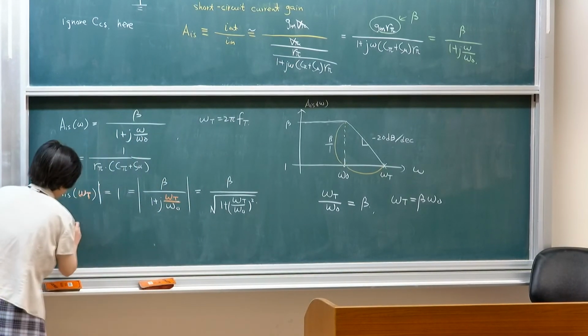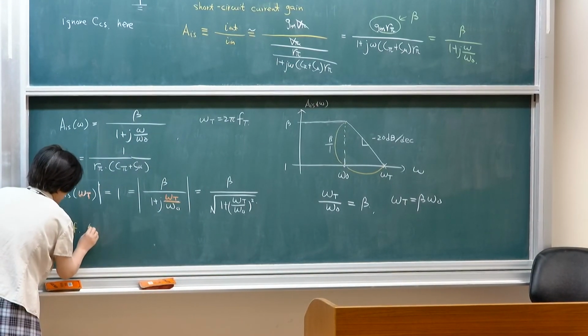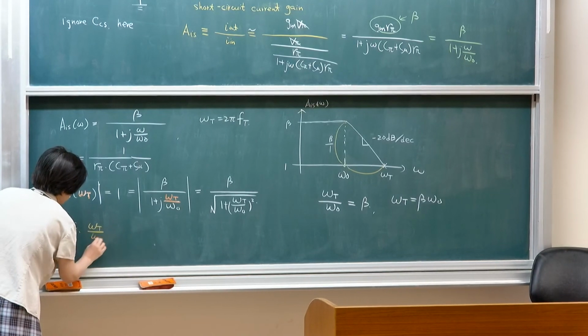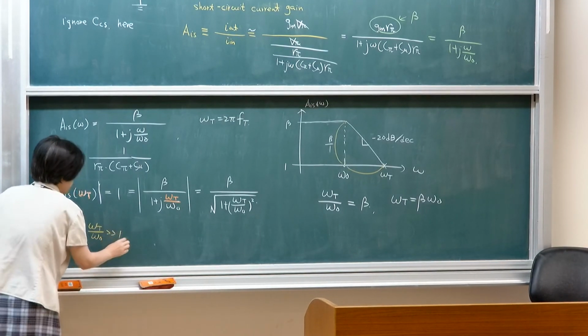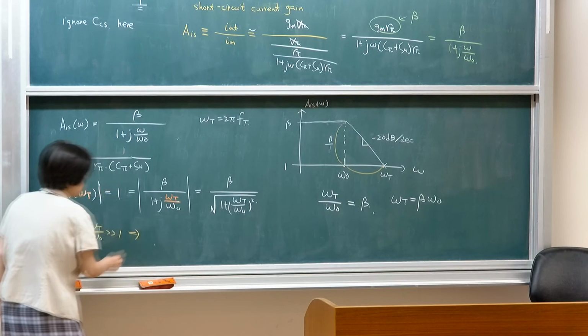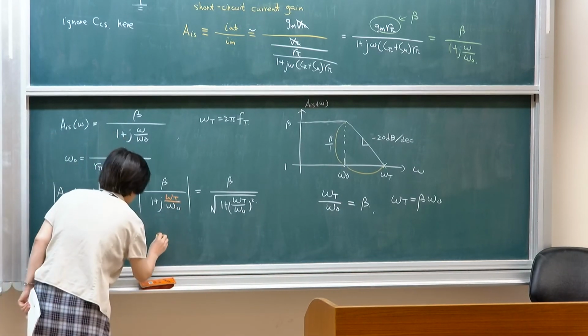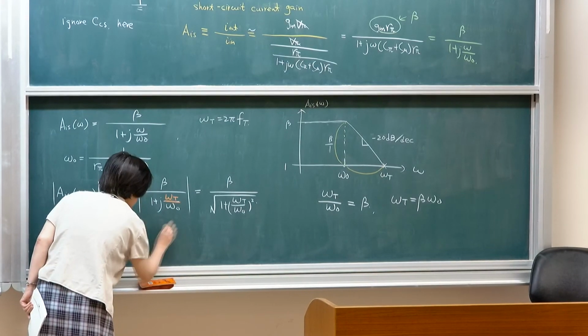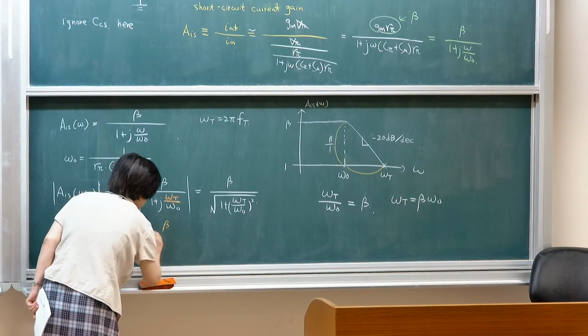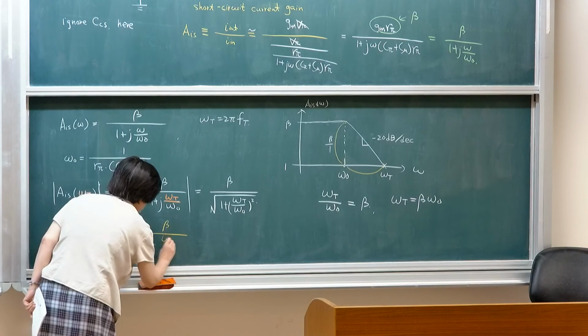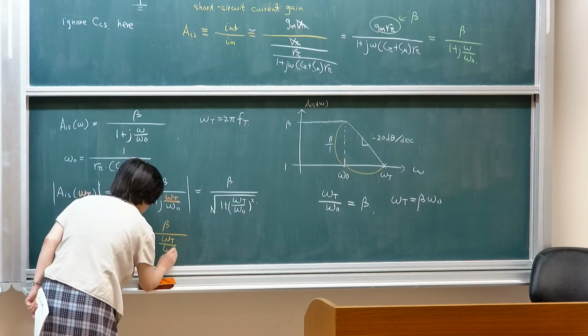We can also do that through this math. If we know that omega t over omega 0 is much, much larger than 1, which is typically true because we have relatively high beta, then this term will become approximately beta over omega t over omega 0.